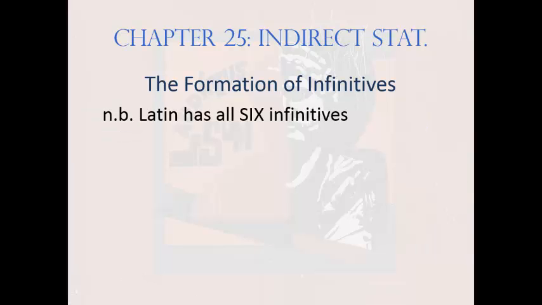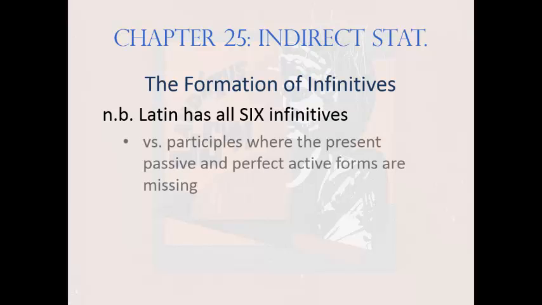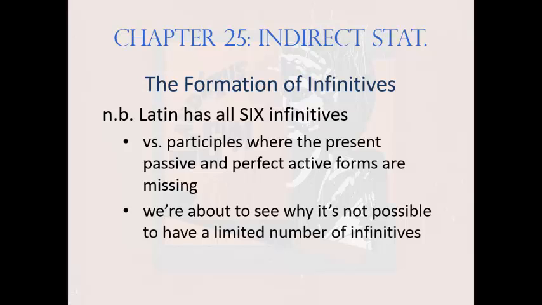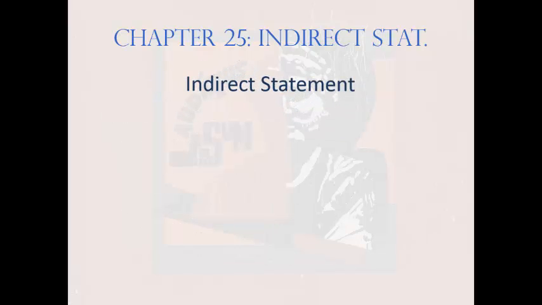Even more notable is the presence of all six possible forms, both voices and all three tenses, which is different from participles, where two of the forms, present passive and perfect active, are missing. The reason infinitives cannot afford to be so lean is about to become clear. Latin needs them for, drumroll, indirect statement.